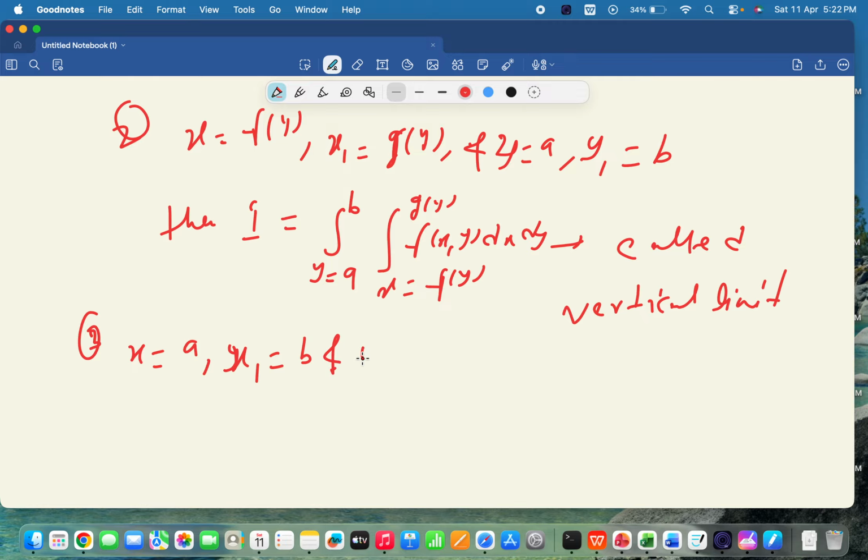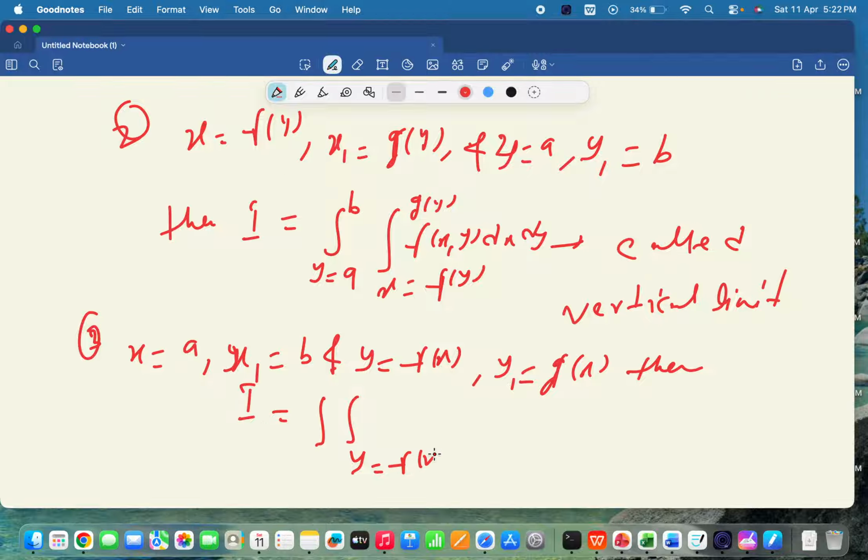Then third, we have x is equal to some constant a and x1 is equal to b, and y with some f of x and y1 with some g of x value, then this I will be represented with firstly y is equal to f of x to g of x and x is equal to a to b, f of x comma y dy dx.